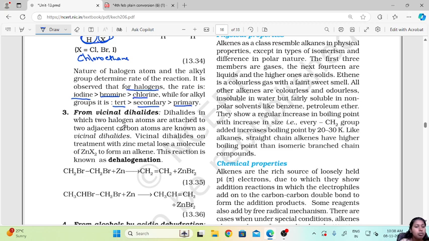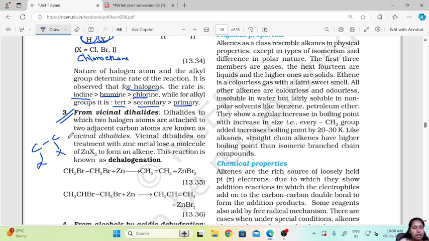Now next, from vicinal dihalides. Vicinal dihalides means you have halogens on both carbon atoms. Dihalides in which two halogen atoms are attached to two adjacent carbon atoms are known as vicinal dihalides, as I showed you here.